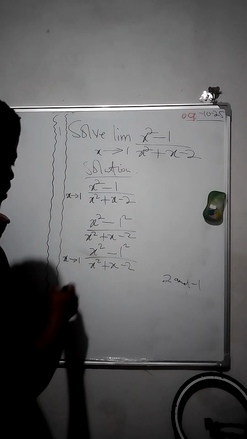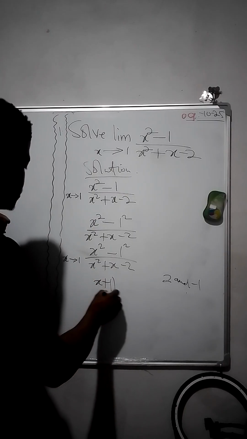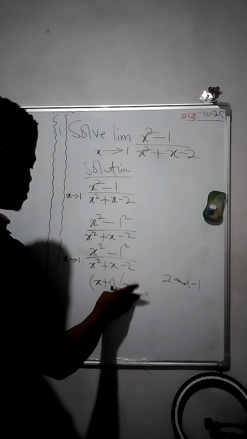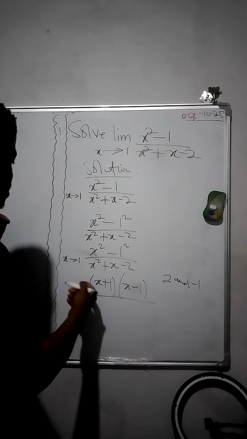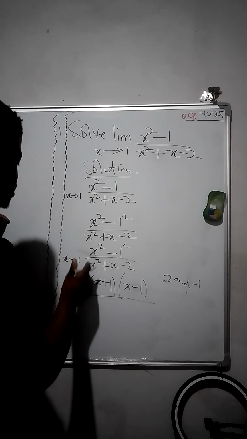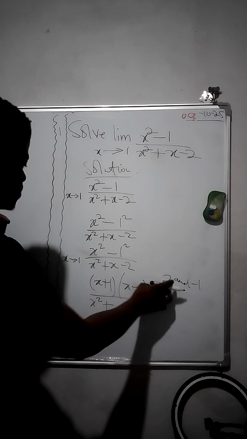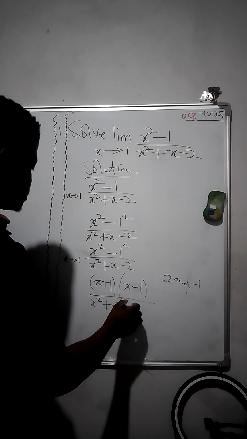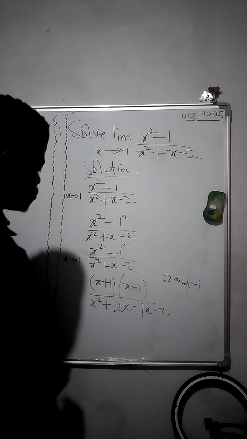Then we factorize: on top we have x plus 1 times x minus 1, divided by x squared plus 2x minus 1x minus 2.